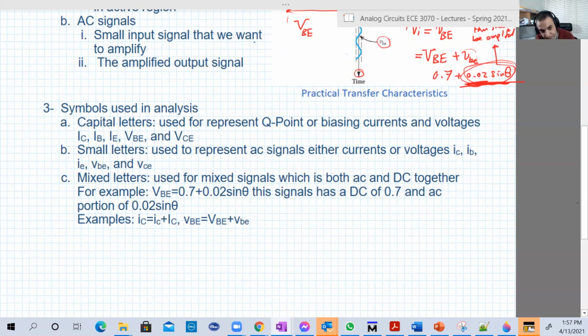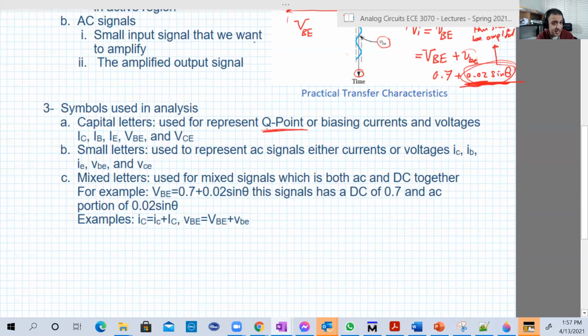We also have two types of symbols for the currents and voltages in the circuits. Whenever you give the symbol a capital letter and also a capital subscript, then this is DC. Usually the capital letters are used to represent the Q point parameters, the Q point currents and voltages.